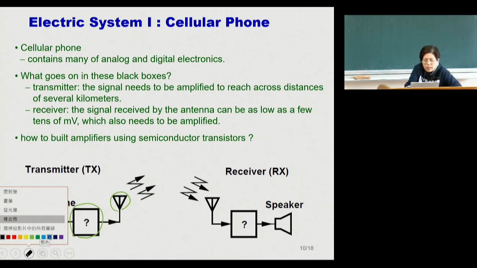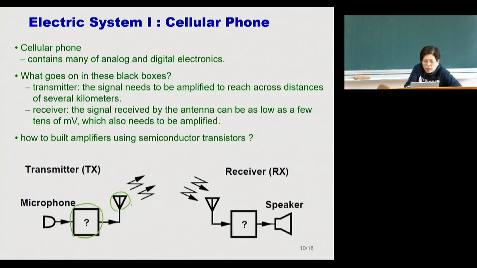Nowadays it's all digital, but I'm just saying, if I'm just trying to amplify and transmit my voice out, I drive it out into the antenna. So the antenna would then drive the signal out.